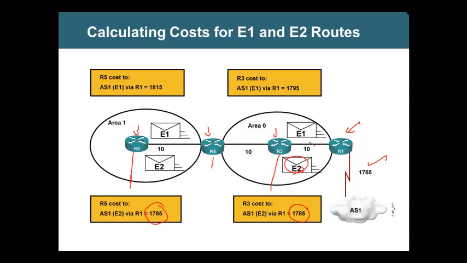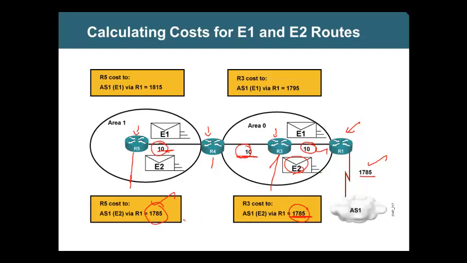When we have metric 10, 10, 10 in the path, it's supposed to be what? When it is 1785, when it comes to router 3, the 10 should be added, no? But you see it is not added. This 10 and this 10 also should be added when it reaches router 5. But you don't see them.